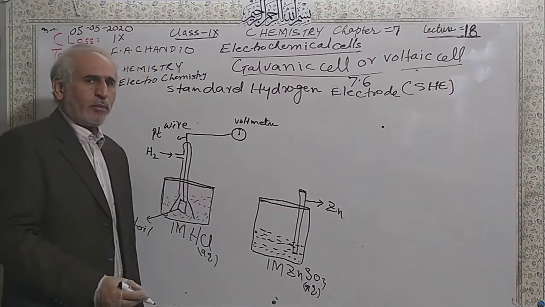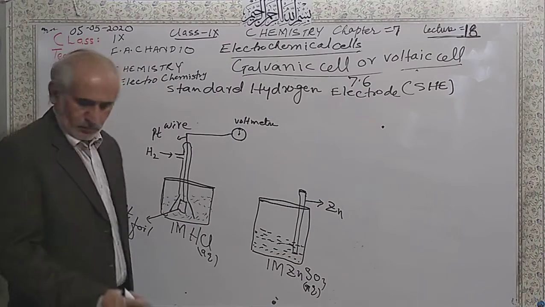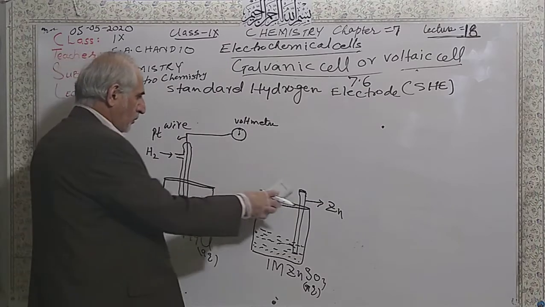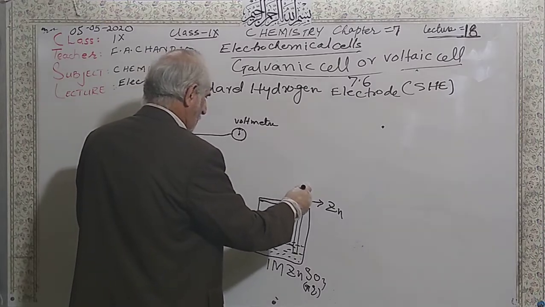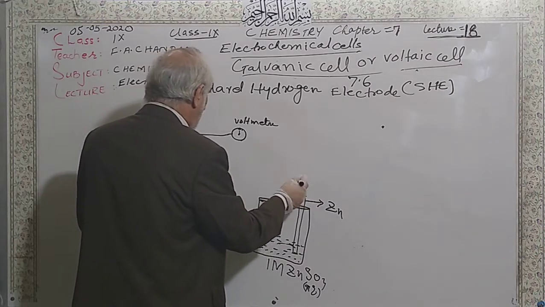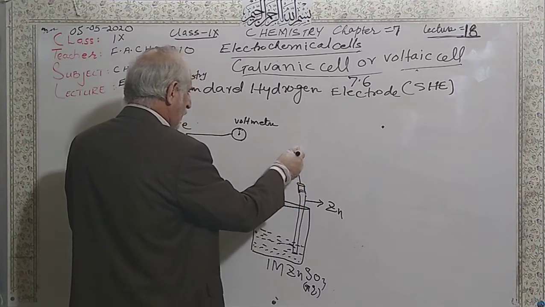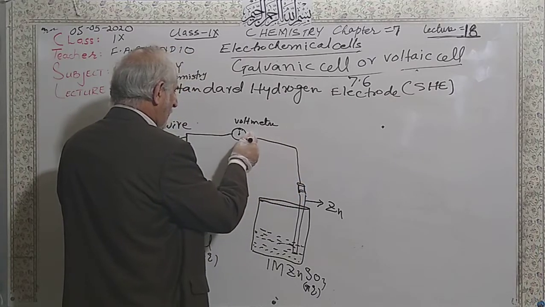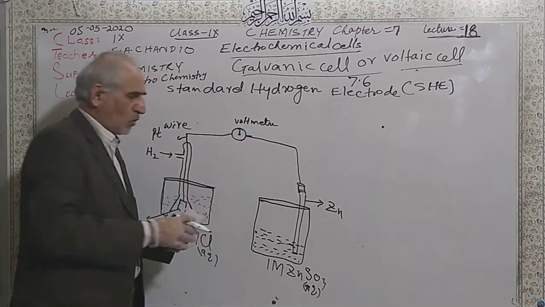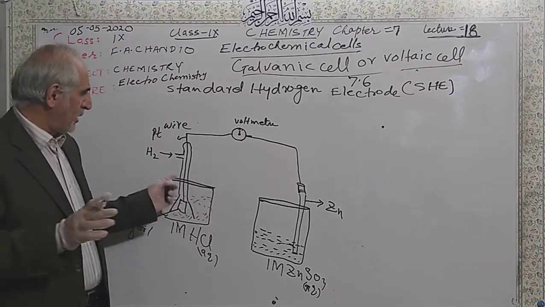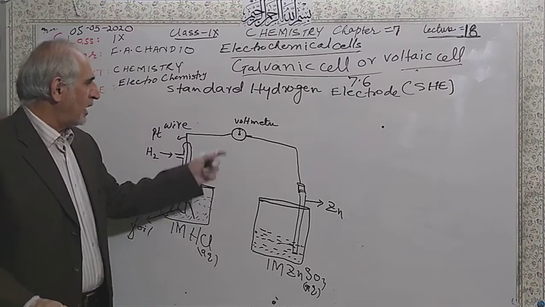This is a zinc electrode made up of zinc metal. And now this side is going to be connected with the other terminal of the voltmeter, to connect these two with the voltmeter.